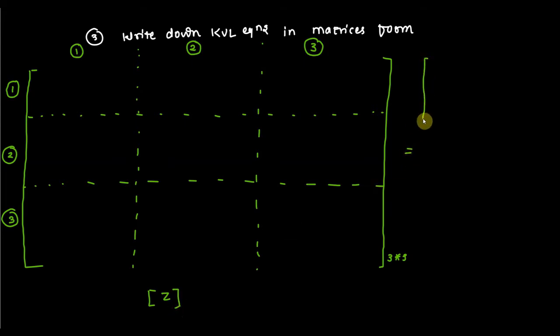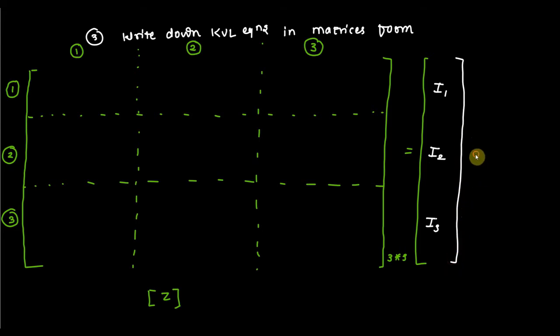This is equal to, here we have currents: I1 in the first mesh, I2 in the second mesh, and I3 in the third mesh. This is called the mesh current matrix, and the impedance matrix is multiplied by it. This is equal to the voltage matrix, or EMF.